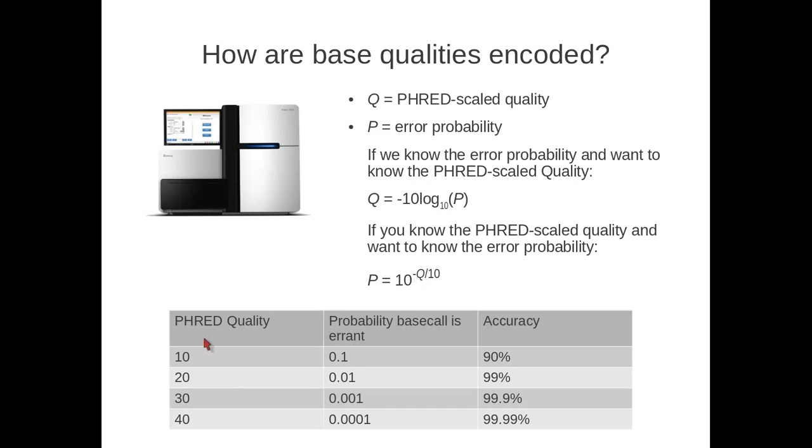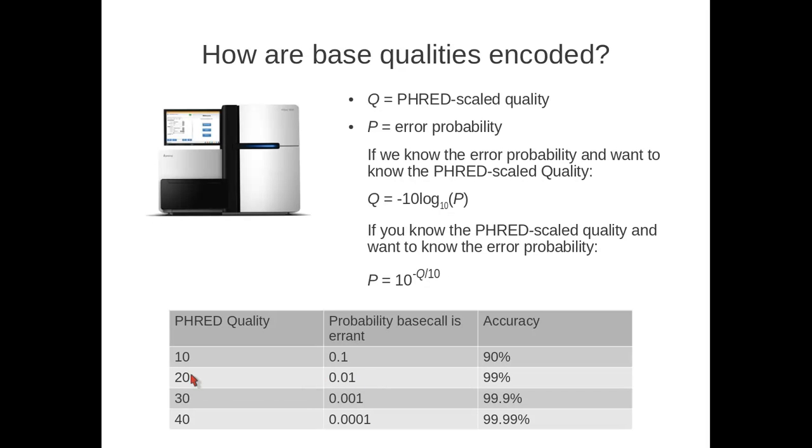So this is really simple. Phred quality 10 means that there's a 0.1 probability that the base call is not real. That's 10% probability that it's an error. So a Phred quality of 10 is not a good Phred quality. A Phred quality of 20 is one order of magnitude lower probability that this is an error.